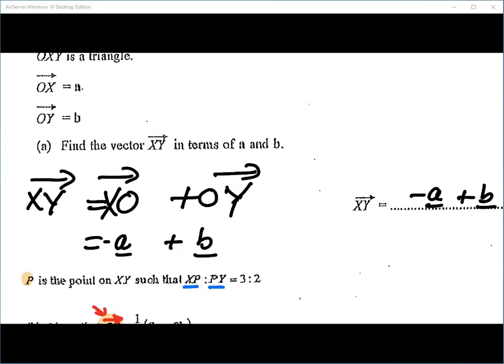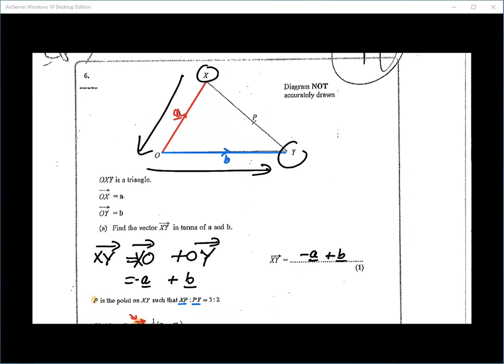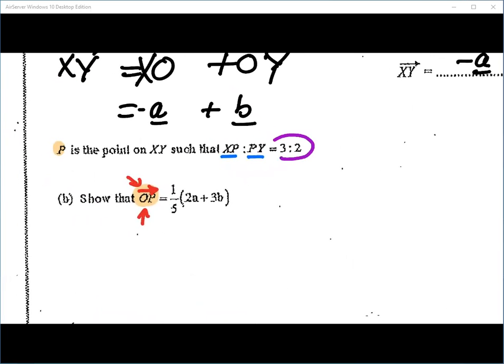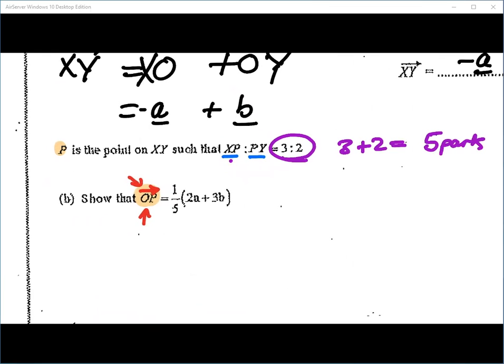So X to P, if you look at the diagram, is this one, and then this one. First of all, Ismail, how many parts do you have in the question? 5 parts altogether. And X to P is 3/5 and PY is 2/5.